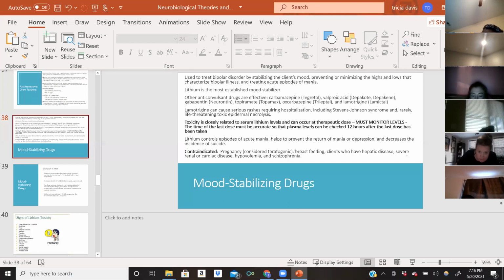It's hard on the liver and the renal system, so the doctor would really have to decide the benefits versus the risks with patients that have hepatic and kidney disease. You're going to use it cautiously with patients that have cardiac disease, hypovolemia, and schizophrenia.